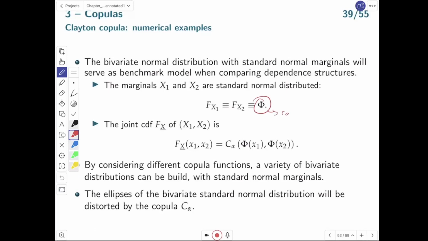Yes, this is the CDF of a standard normal distribution. Yeah. And we generate a joint CDF by using these standard normal distributions and now using this Clayton copula.